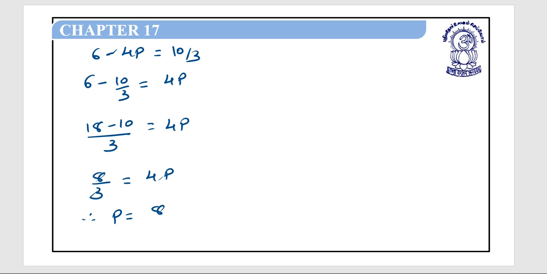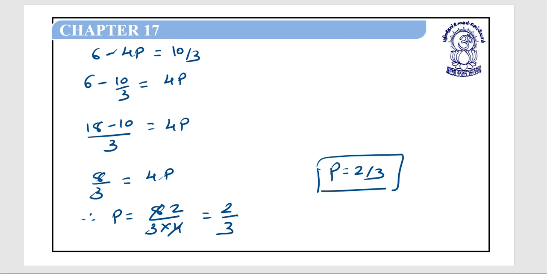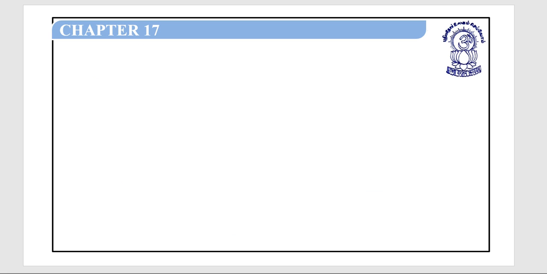So p is equal to 8 by 3 into 4. 4 2s are 8. P is equal to 2 by 3.